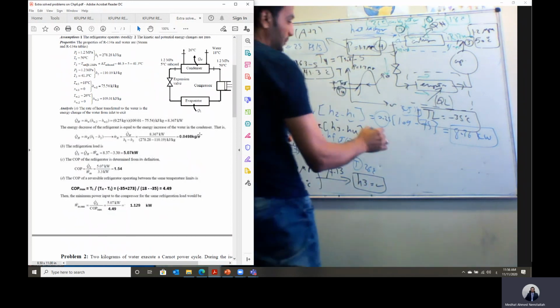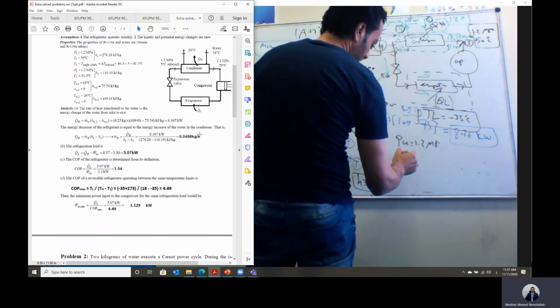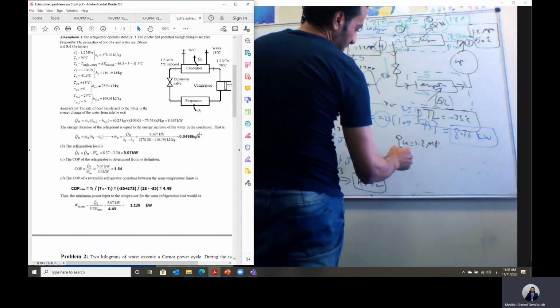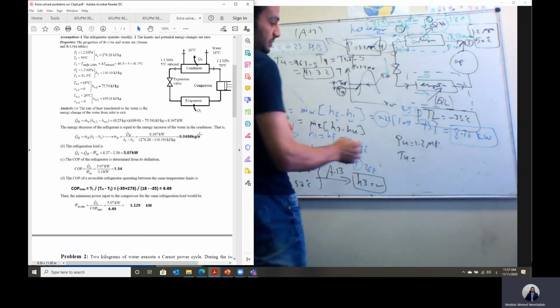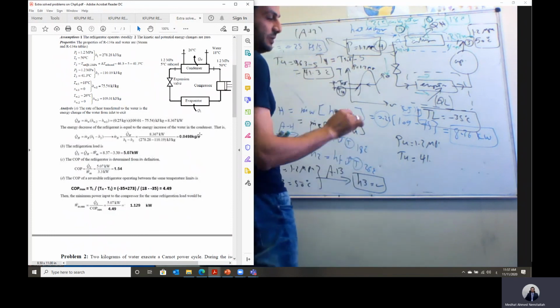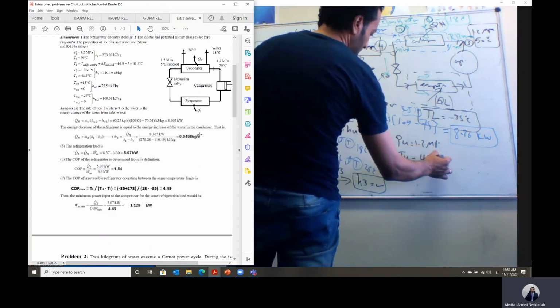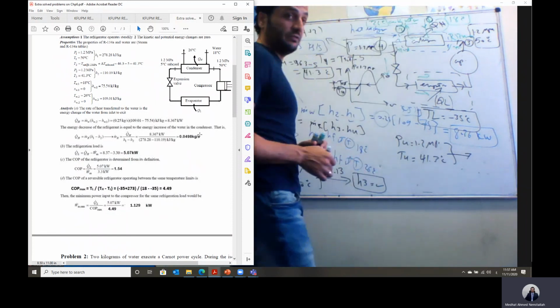Okay. For point 4, we have P4 the same as 1.2 megapascal, and the temperature T4 is less than the saturation temperature, which means it is actually subcooled. He said it is subcooled by 5 degrees C. So we know the state is subcooled. We don't have a subcooled table for the refrigerant.